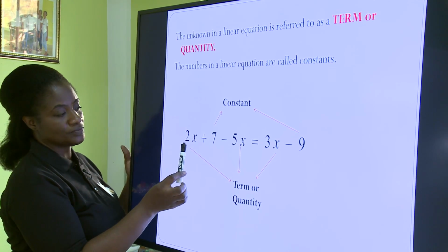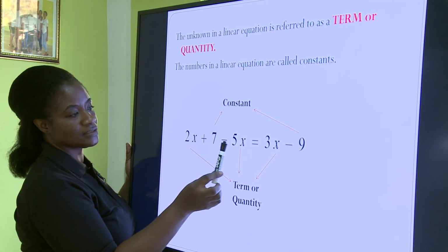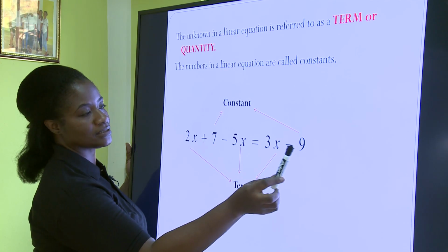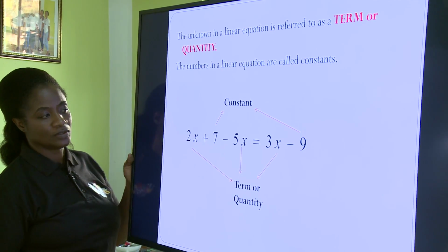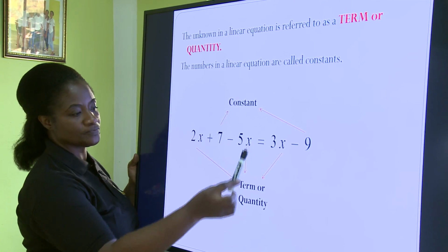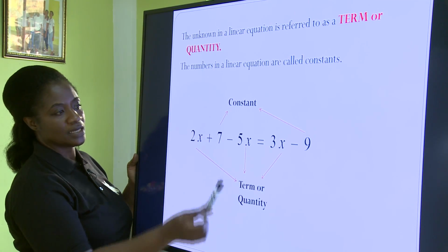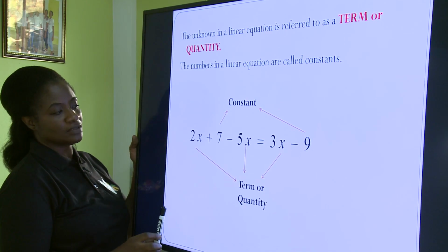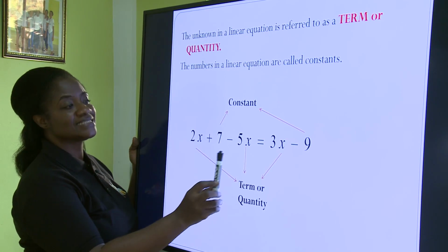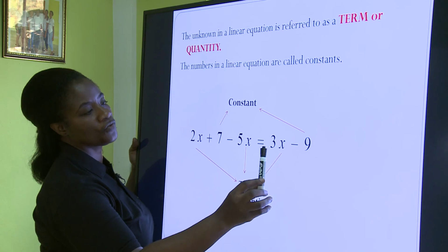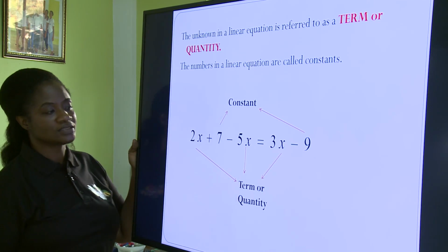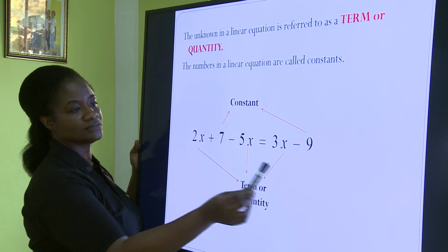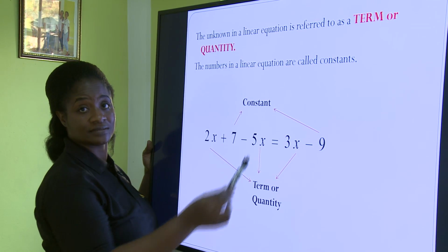Let me read it for you. 2x plus 7 minus 5x is equal to 3x minus 9. Here we have 3 terms or quantities and 2 constants. The 3 terms are 2x, negative 5x, 3x. The constants are 7 and negative 9.